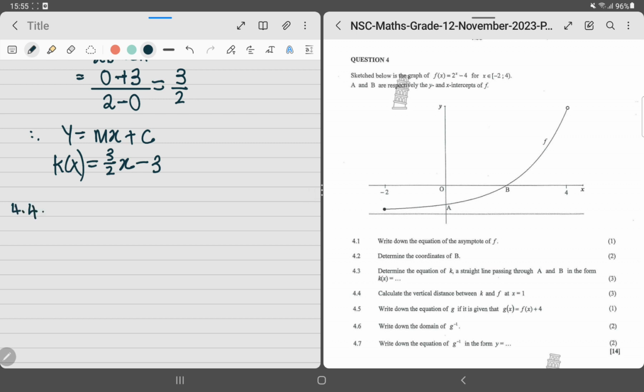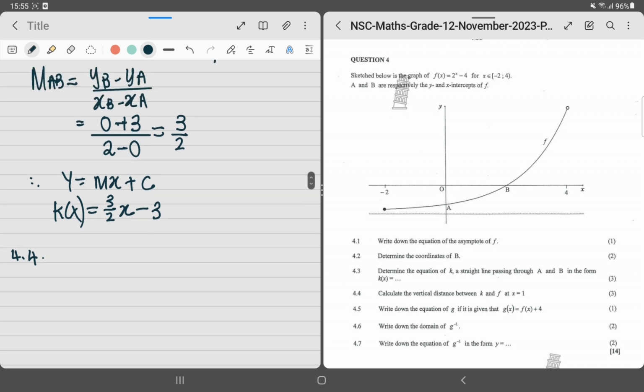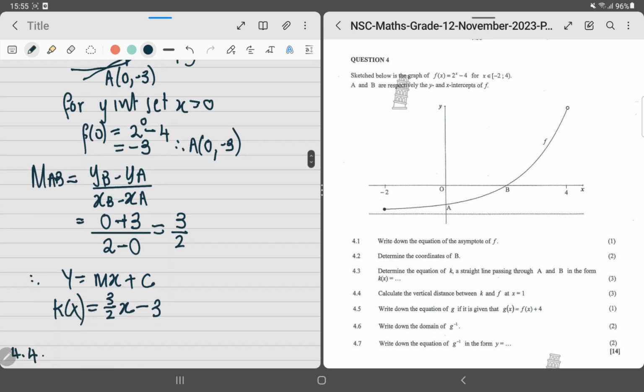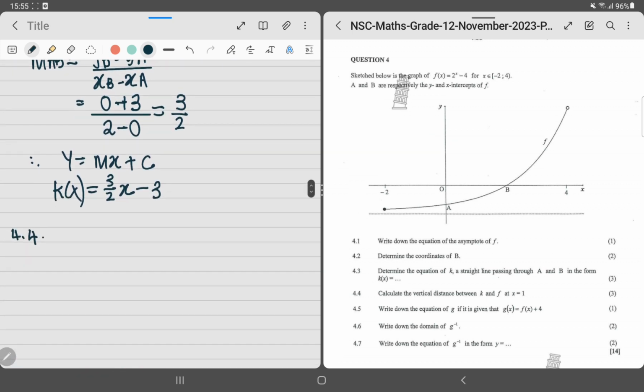Calculate the vertical distance between k and f at x is equal to 1. So somewhere there, x is going to be equal to 1. Okay, so the vertical distance is given by: you take the top graph, then you subtract the bottom graph.